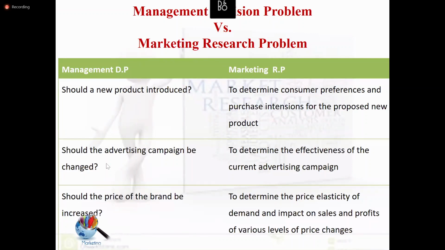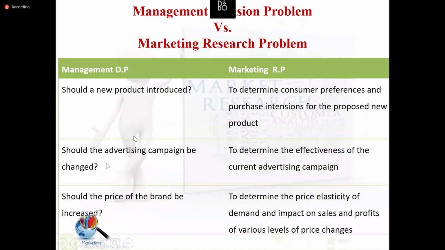But of course, by that, as a marketer, we may not be able to get into the way of resolving it, right? So therefore, we have to really turn them into the marketing research problem. Now, another example here: should the advertising campaign be changed?